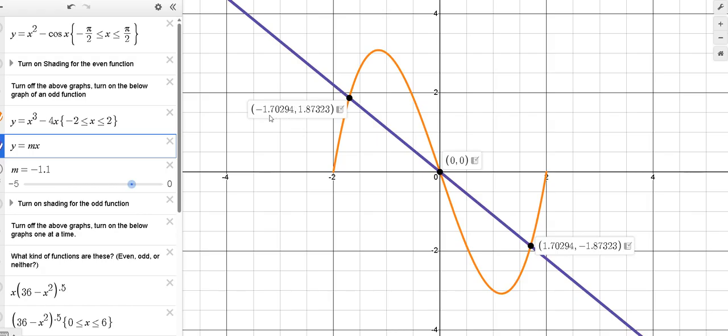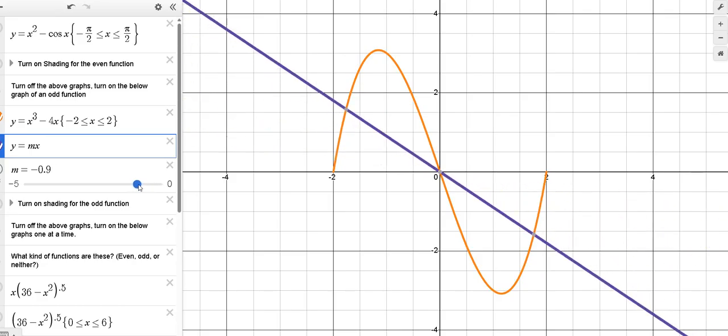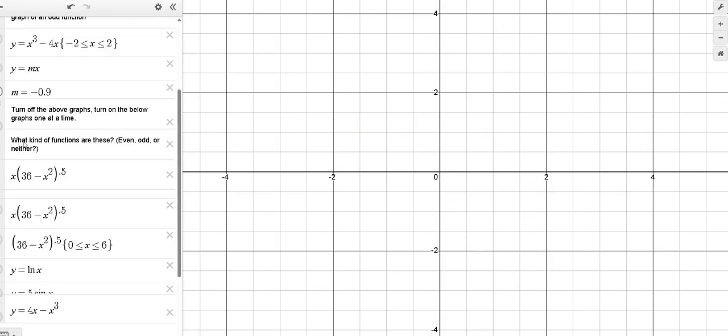If you take a look at these points, they're mirror images of each other, just opposite signs. No matter where I'm at on this curve, it always has that property. So that's what an odd function looks like. It's not something that has the nice striking visual symmetry that an even function does. So let's shut these off and let you decide.